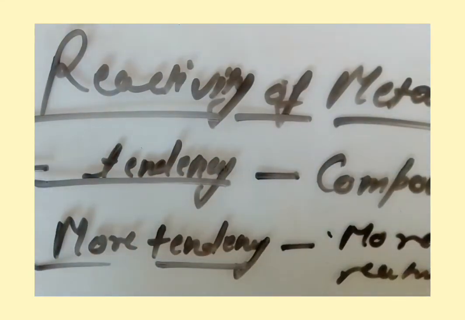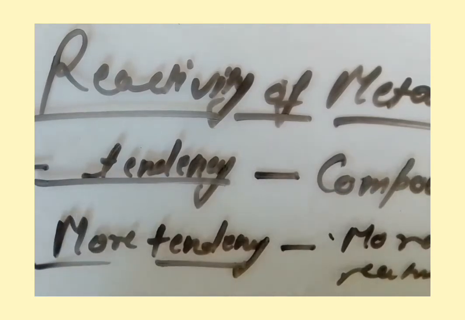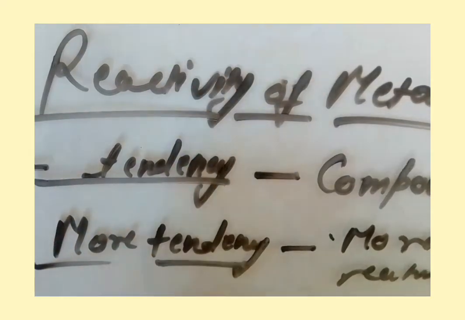So all metals do not show the same reactivity. Some are more reactive than the others, means they have more tendency to form compounds. Such metals occur in the form of compounds in the earth's crust.